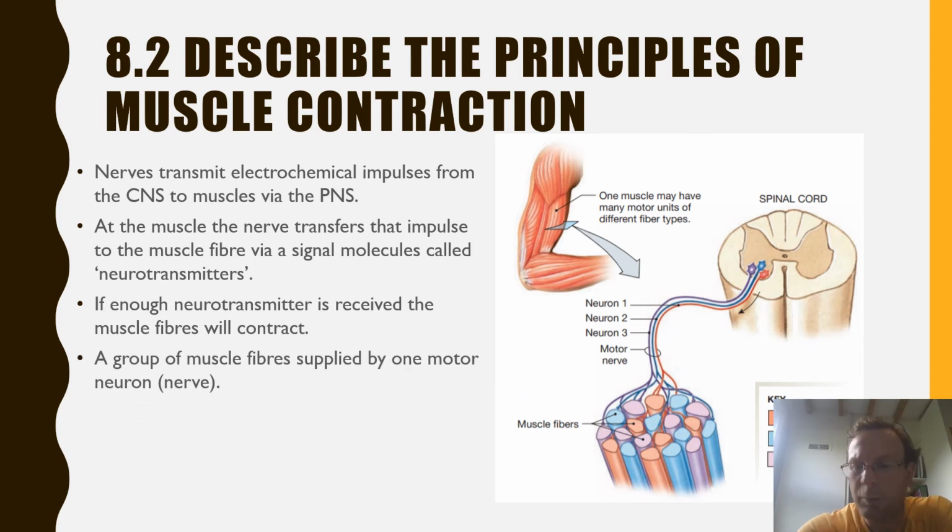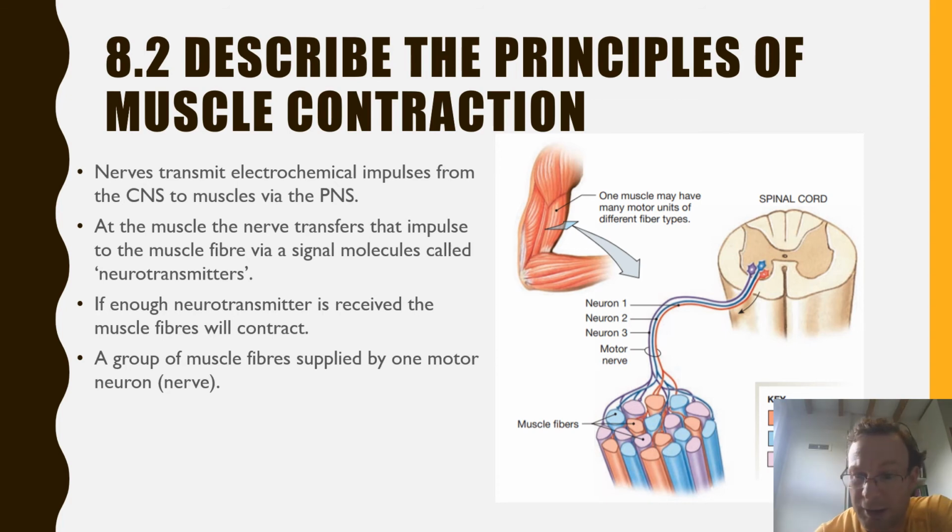So here what we've got is what's called a motor unit. A group of muscle fibers supplied by one motor neuron is called a motor unit. So there's 3 motor units. Neuron 1 is causing all those red muscle fibers to contract.